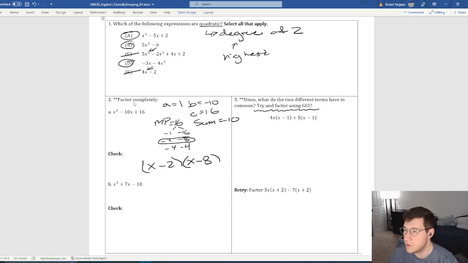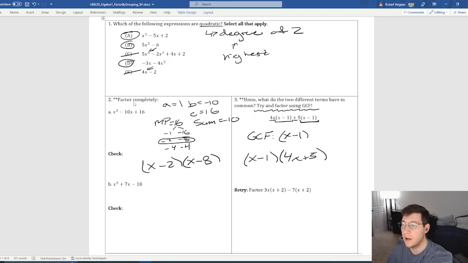But I want us just to note that both of these have a really clear x minus 1, and so because of that, we are going to name the GCF x minus 1. Which means that if I were to rewrite this, I'm going to have x minus 1 on the outside, open up my parentheses, and I'm just going to have anything that's left, 4x plus 5. And so we'll get into more of this style of factoring really shortly.